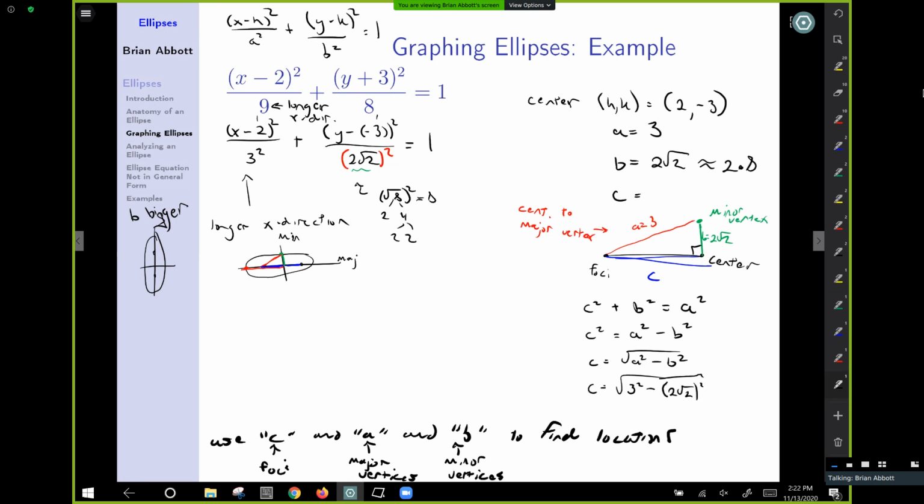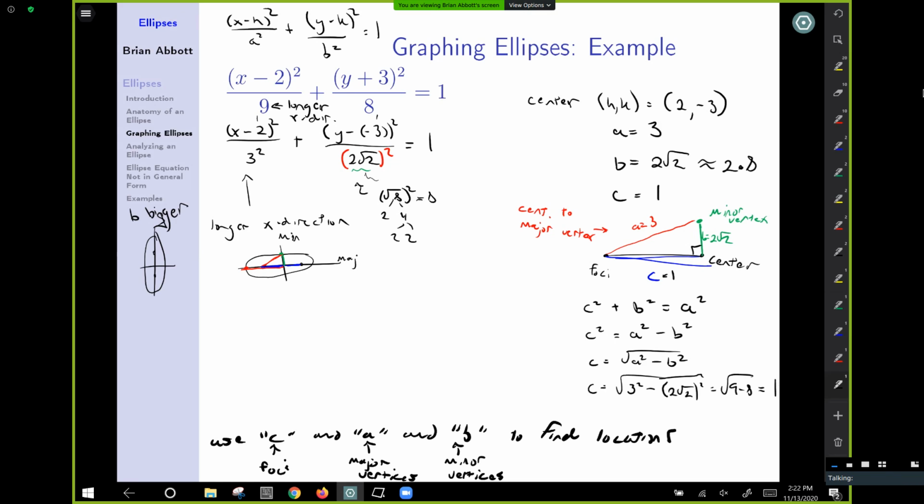Remembering that we came up with 2 root 2 to give us 8 over here, we can see that this is the square root of 9 minus 8, and the square root of 1 is just 1. So our C value is 1, and I'll label it on my picture as well. The picture is not to scale, because that wouldn't work out. But when we go to graph this thing, we'll be able to see that picture in real life.